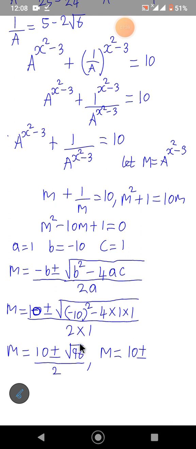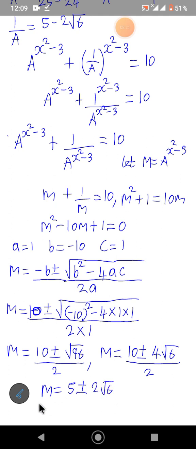So I'm going to reduce this now in the form of a surd. So here will become 4 root 6, then all over 2. Then we'll continue again. We say m from here again, m will be equal to 10 divided by 2, that's 5, plus or minus 4 divided by 2, that's 2 root 6.